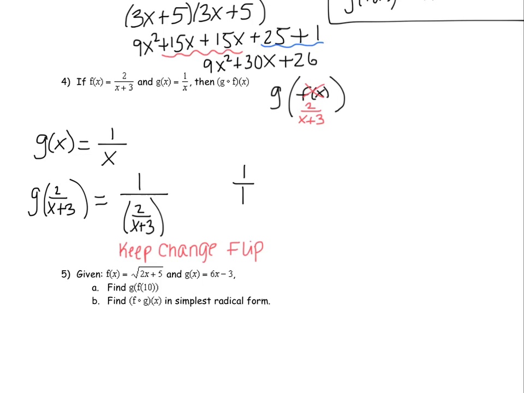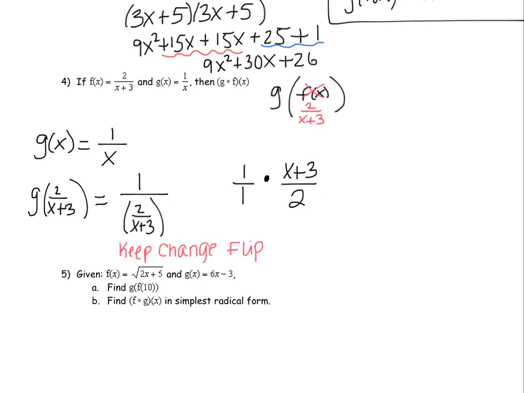That's a fraction. So we're going to keep the 1. We're going to change the division to a multiplication. And then we're going to flip this last piece. So this last piece would be x plus 3 over 2. So again, we keep the 1, or 1 over 1. We change the division to a multiplication, and we flip this last one to bring it over here.